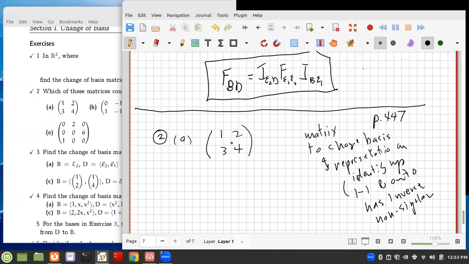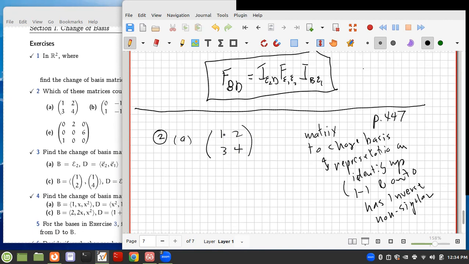We could choose a basis here and recover the basis action from this matrix if it has an inverse.